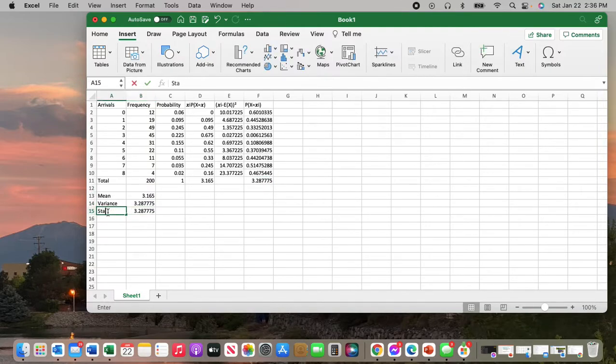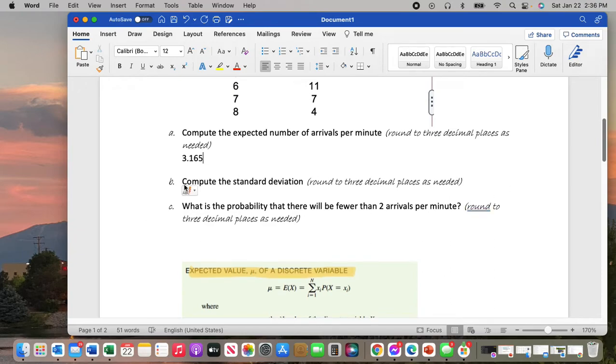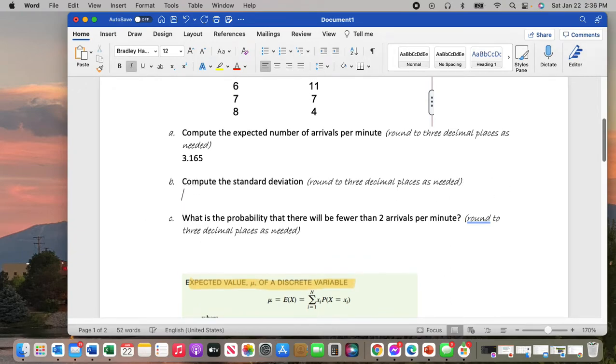So we type in here, standard deviation is going to equal the square root of 3.28775, and that will be 1.8132. So our standard deviation will be 1.813, to 3 decimal places.